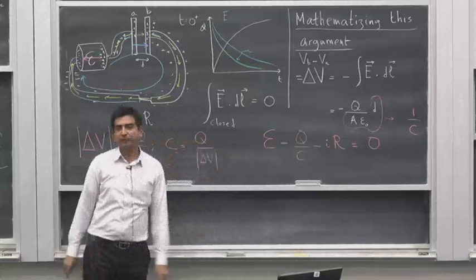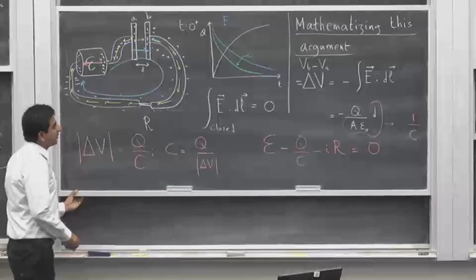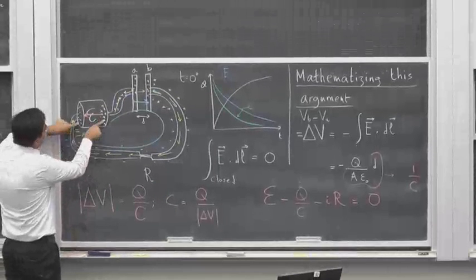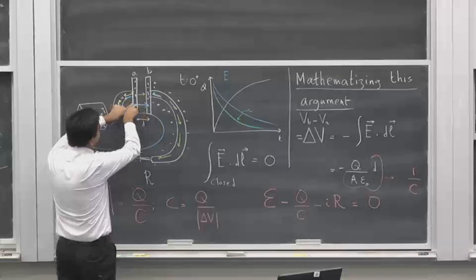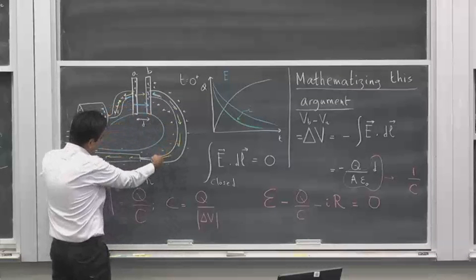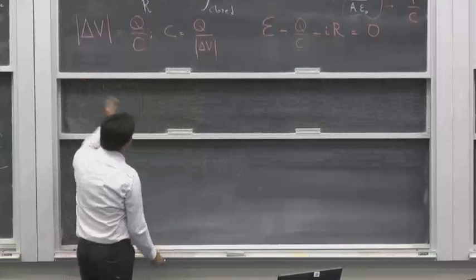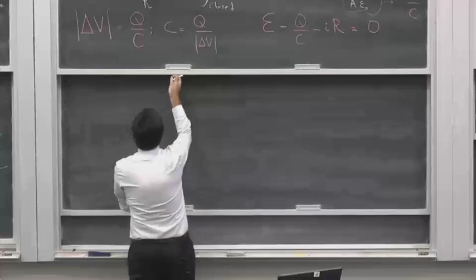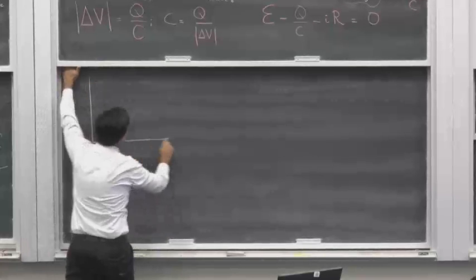Any ambiguities about this? You have to go around this loop, look at the potentials. You go from negative to positive, the potential goes up. You go from positive to negative, the potential goes down. Here the potential also goes down. Can you, for the sake of completeness, mention how this potential is going to change with path?